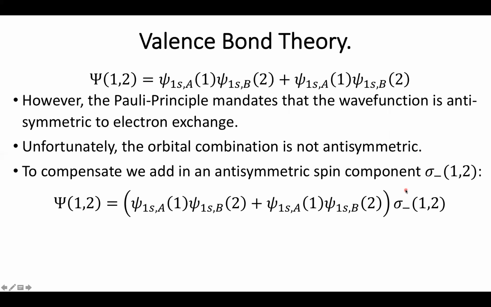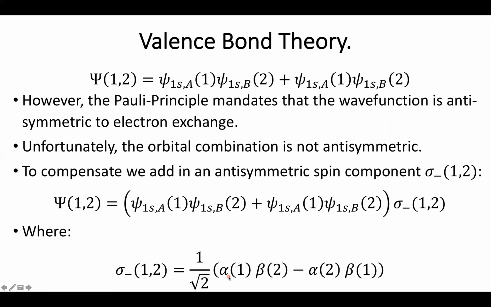Because it turns out that we can bring in an antisymmetric spin component, which, as a refresher, is going to be the antisymmetric combination of alpha and beta spins. Again, as a refresher, if you want to revisit the singlet-triplet spin lecture, this particular combination means I form a paired spin.